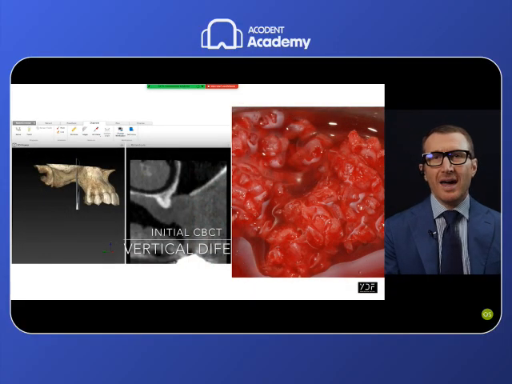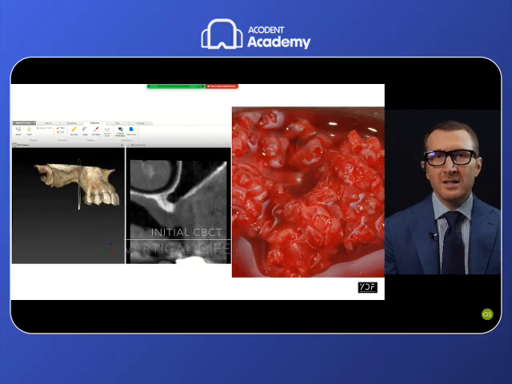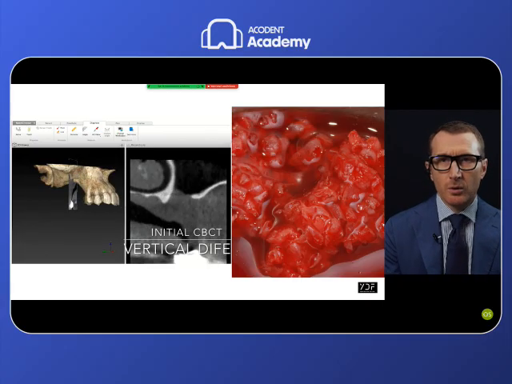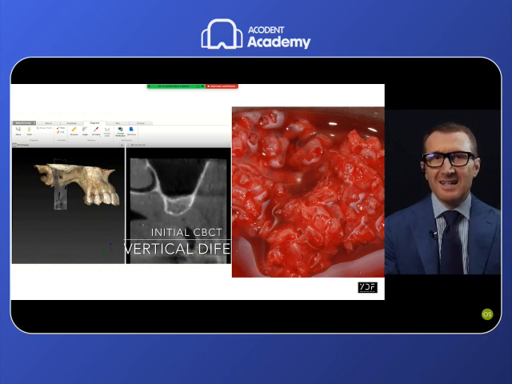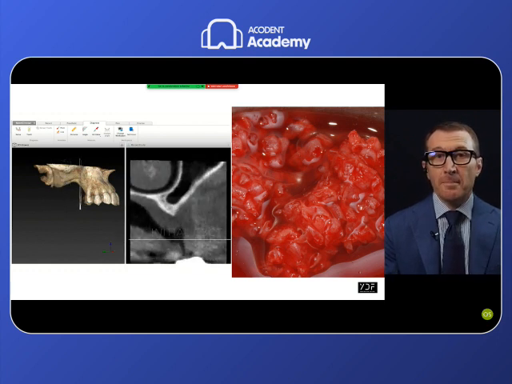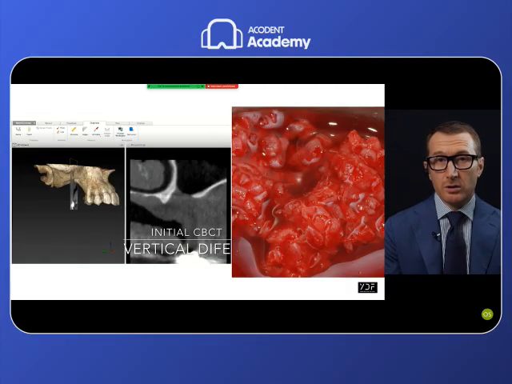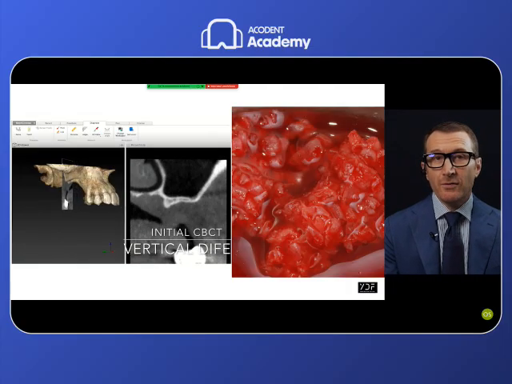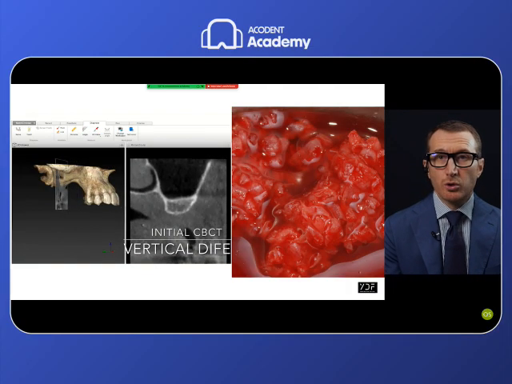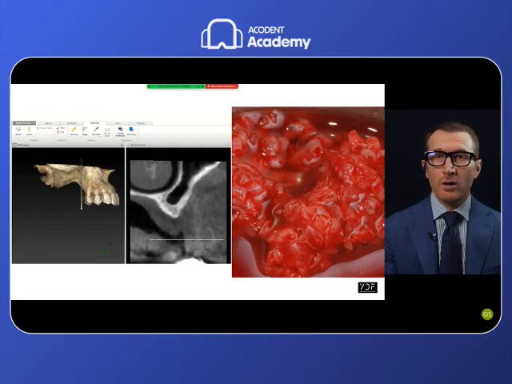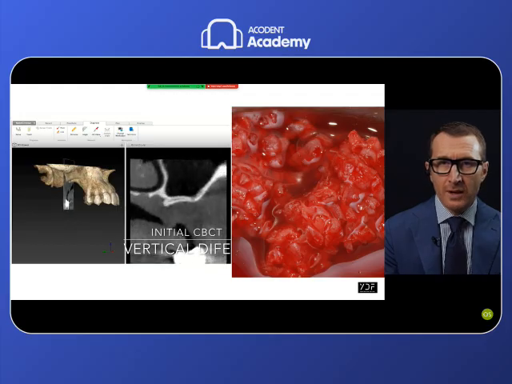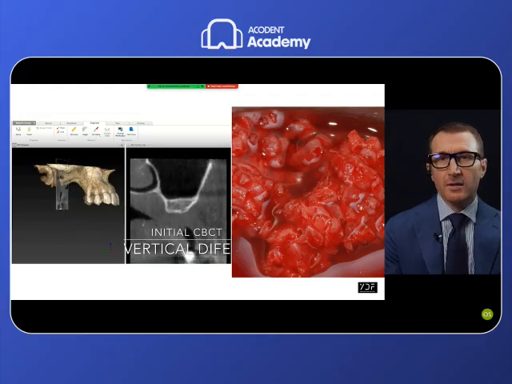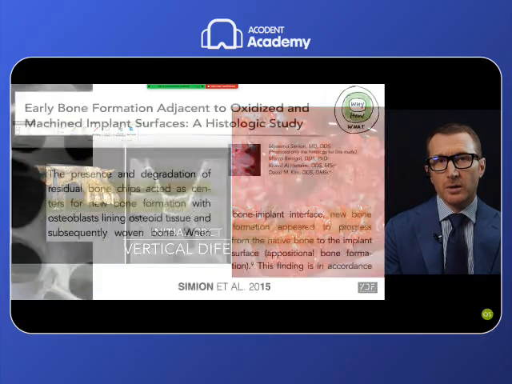So anytime we have a critical size defect, then the quantity of autogenous bone should be increased. And as you can see in cases like this, even if we are missing a part of the walls of the defect, meaning that we have no walls and no source of new bone formation, the only way to bring biological information into this environment is to increase the quantity of autogenous bone.